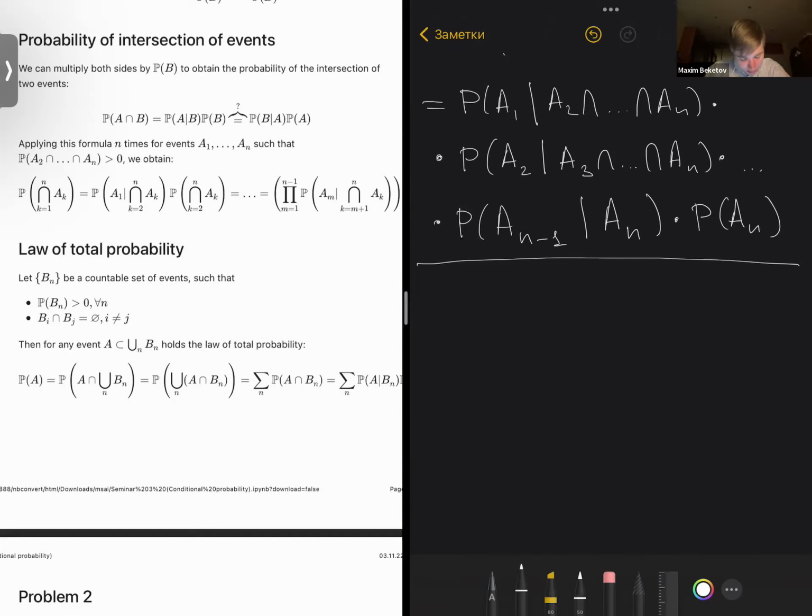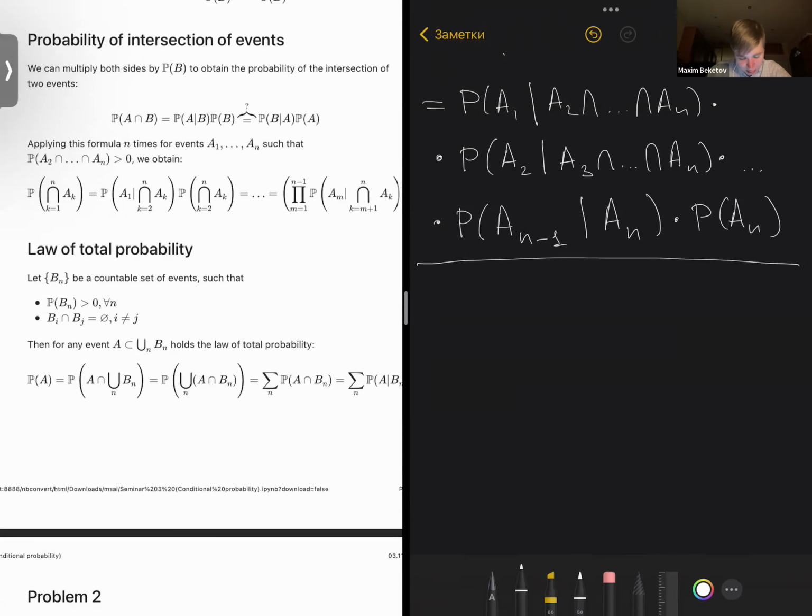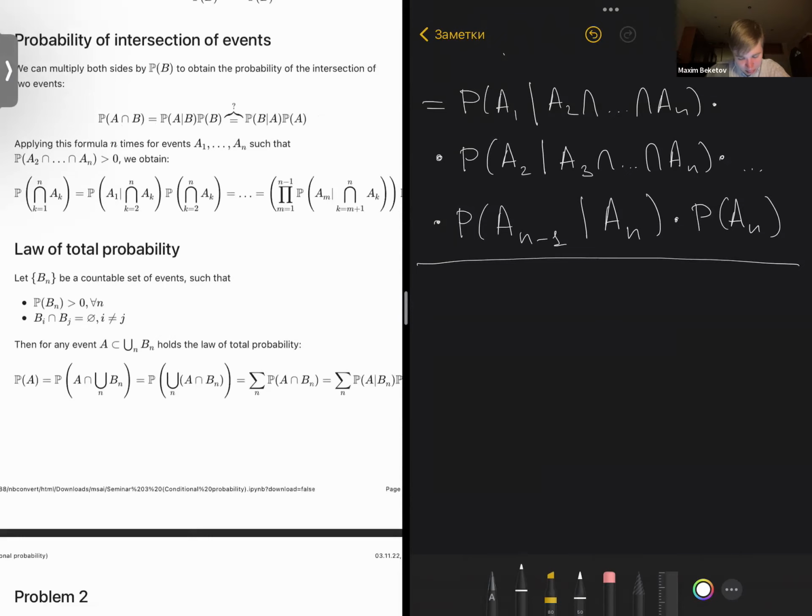Then what you have is the following: their pairwise intersections are empty.